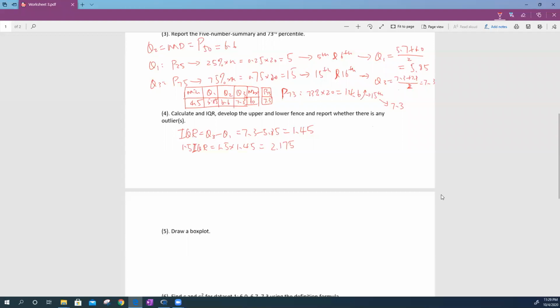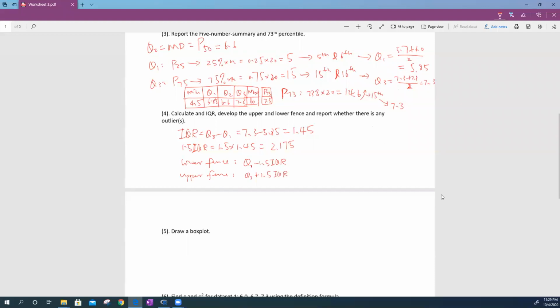So this is the 1.5 IQR rule, the distance that we're using to make our lower fence and then our upper fence. The lower fence starts from Q1 and goes lower, so minus 1.5 IQR. And the upper fence starts from the 3rd quartile to get higher.